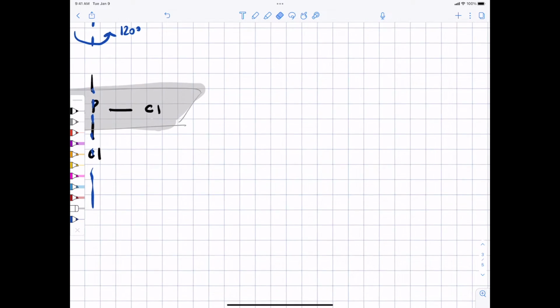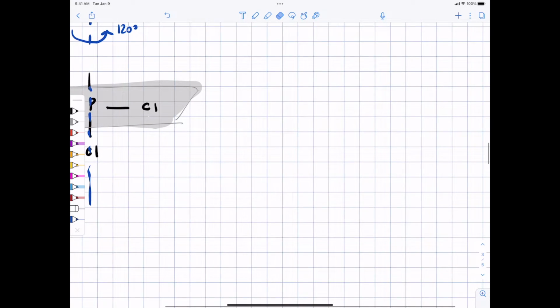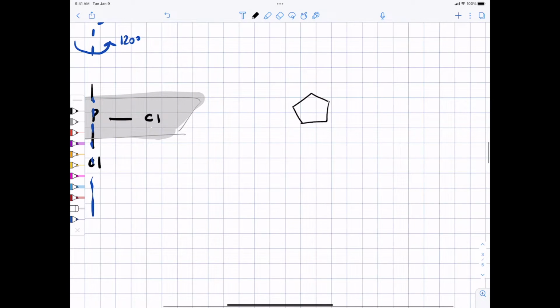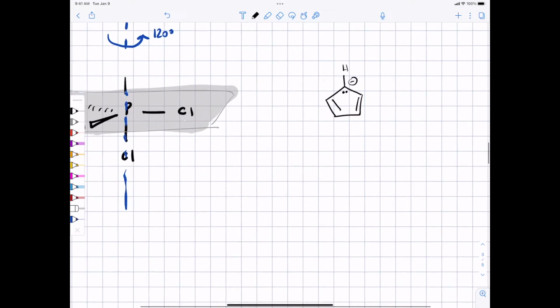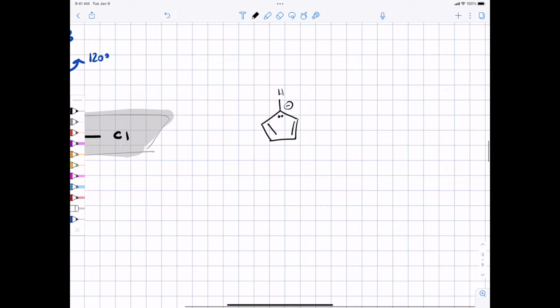You asked for the 5. Cyclopentadienyl anion, all of those carbons are identical.